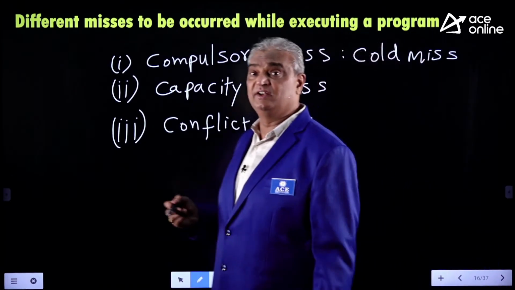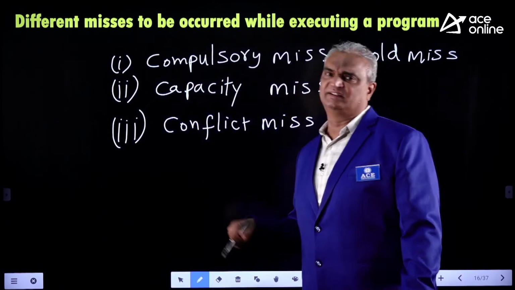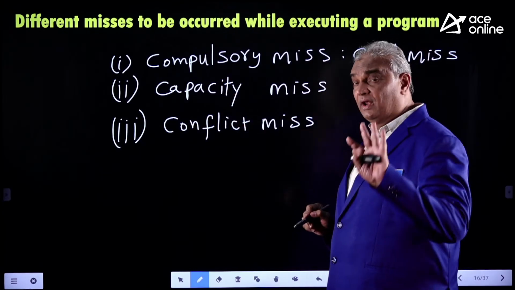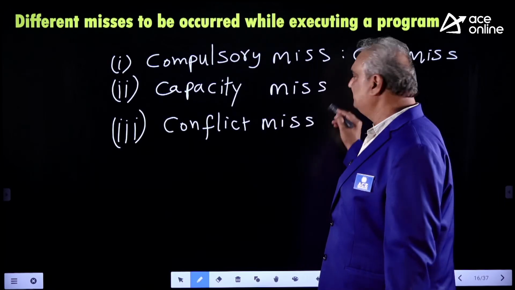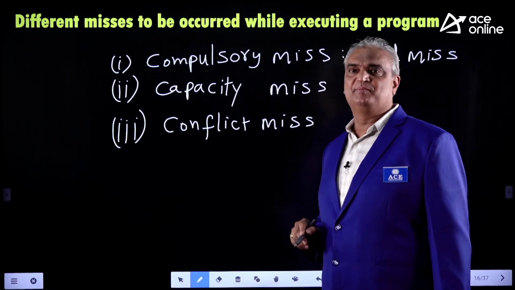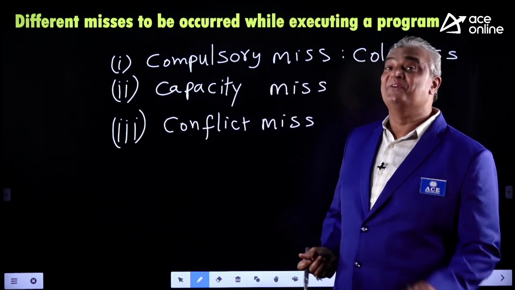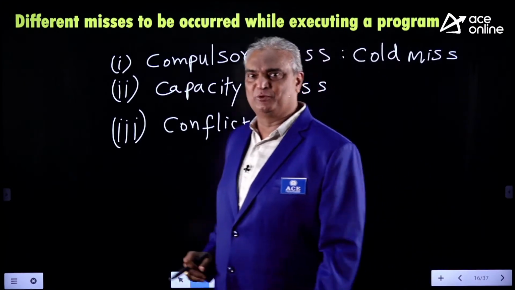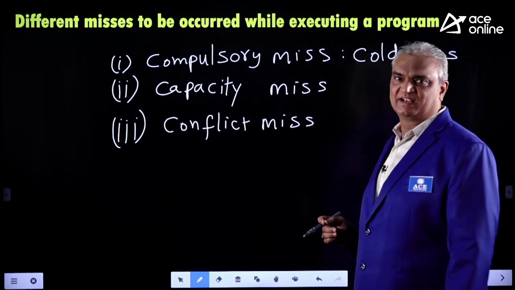Generally, it occurs in fully associative mapped cache; in rare cases, it occurs in others. We can express the same in another way: when the program length is larger than the cache memory size, then a capacity miss occurs.